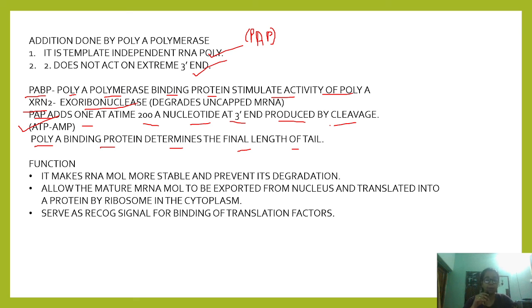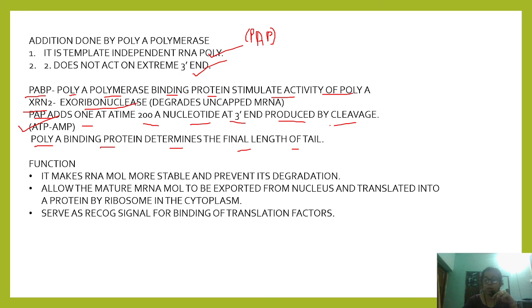Okay, this is the main process. It will prevent degradation and allow the mature mRNA to be transported from the nucleus to the ribosome, where the actual process of protein synthesis will begin, as well as it will recognize signals for binding to the translation factors. So the poly A sequence has certain signal sequences which help the translation process also.